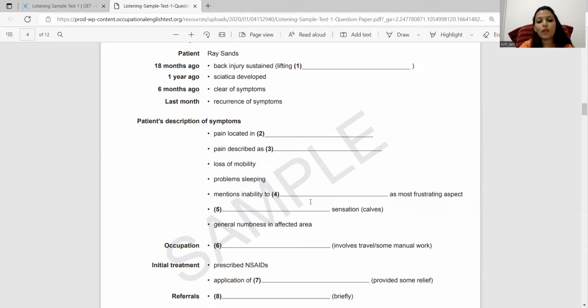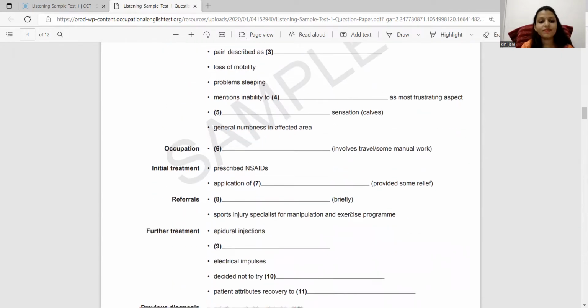Okay, so this blank is asking about an action verb. After 'to' can be an action verb. All right. Next is the sensation. So this is asking about what kind of sensation it is, like a tingling sensation or some other type of sensation, but something with -ing, right?